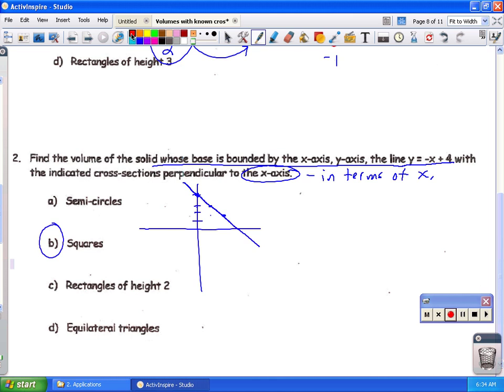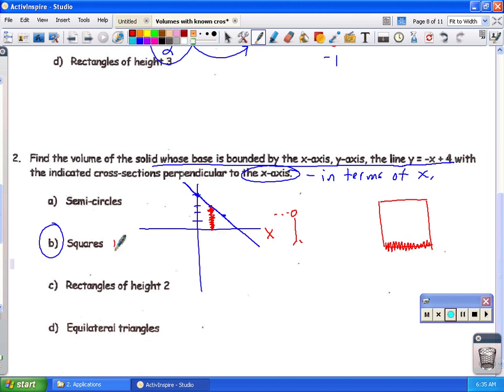So I'm going to put in a representative slice. Again, that would be what it looks like if you're flying over in an airplane. But if I were looking at it from the x-axis, walking towards the object, what I would see is this, a square. What I'm trying to figure out is how long is that side. Geometry time.